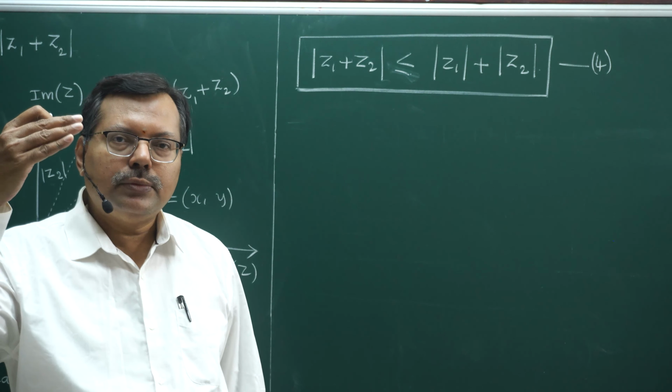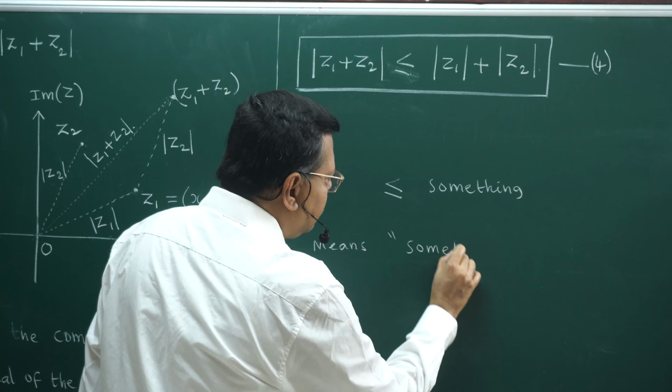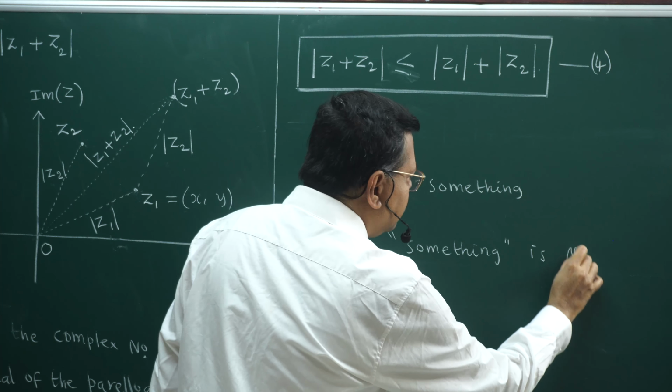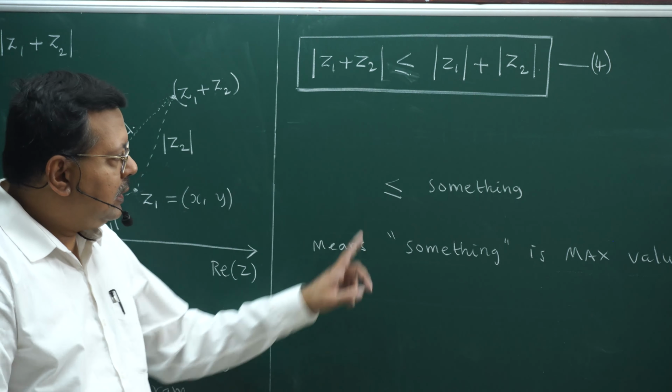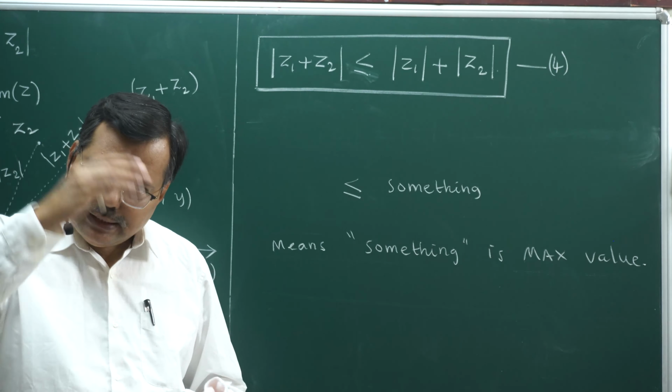Now you see, less than or equal to something. The meaning is that the number you have there is the maximum value. Whatever you write there is the maximum value. Any number you tell will be below that.